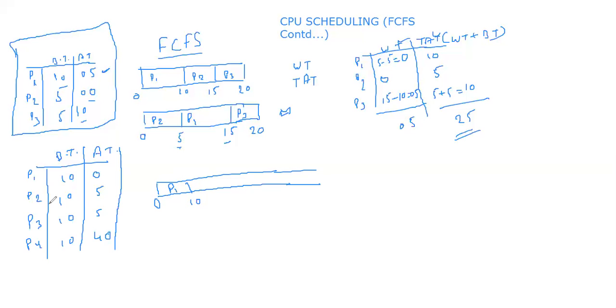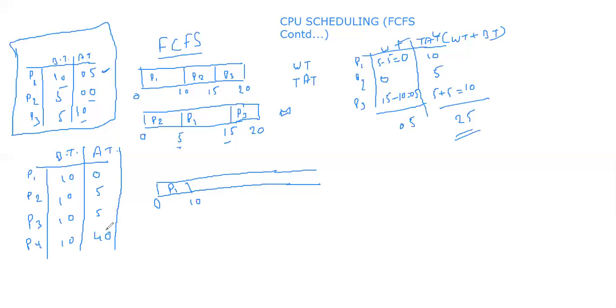At 10 units of time, we have two processes which arrived at the same time. Since both processes arrived at the same time, which process do I consider, P2 or P3? Once you find this kind of situation, always remember that the process written first, above in the order, will be considered first if no additional information is given.